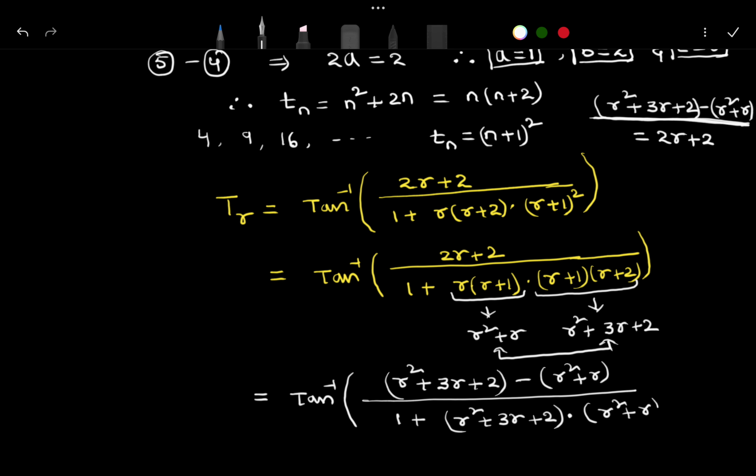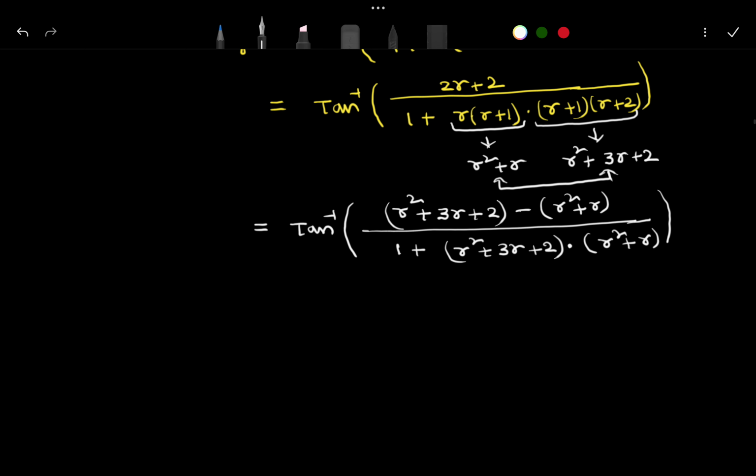Now this expression is clearly in the form of tan inverse of x minus y by 1 plus x into y. So we can write this as tan inverse of x minus tan inverse of y, that is tan inverse of r square plus 3r plus 2 minus tan inverse of r square plus r. This is the simplified value of the general term.